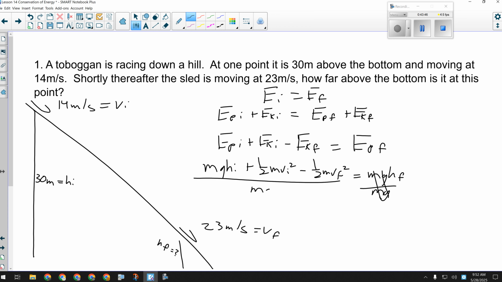I don't have to square root because HF isn't squared. That is the most common mistake I see people do. They automatically square root everything even if they don't have to. You only have to square root if you're looking for something that is squared, in this case, V. Okay, here we don't have to do that because we're looking for H.